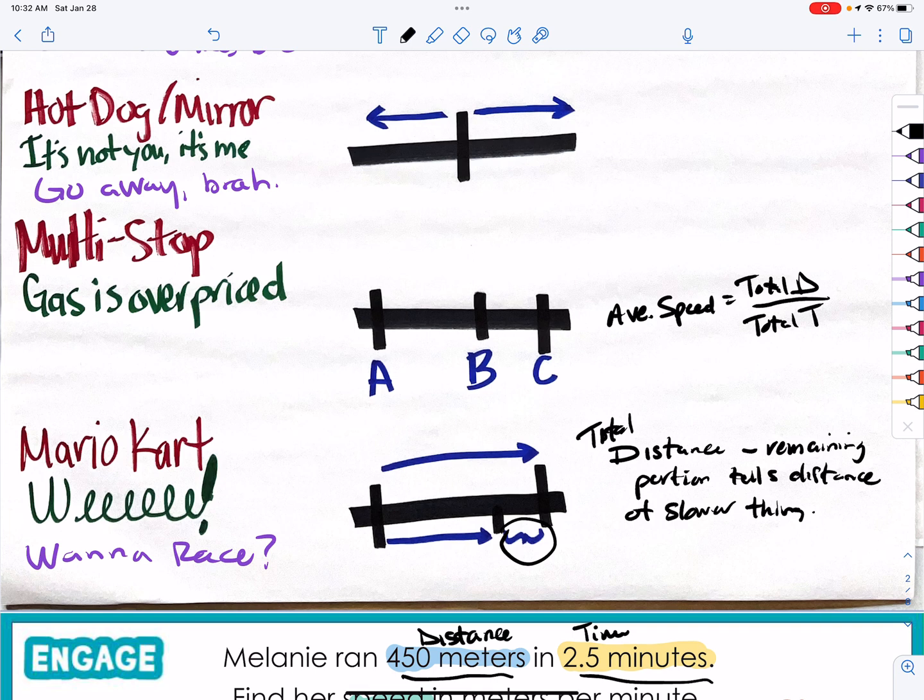But if you're able to find out the total distance, here's our total, and then this is the remaining. Here is the other distance. That relationship is often what helps you unlock these problems.